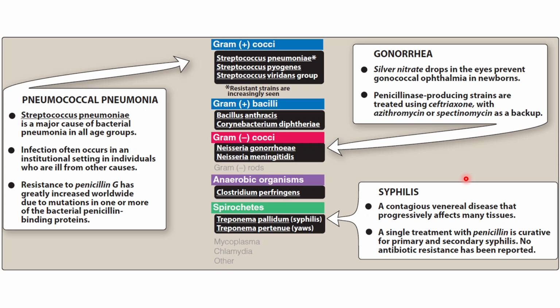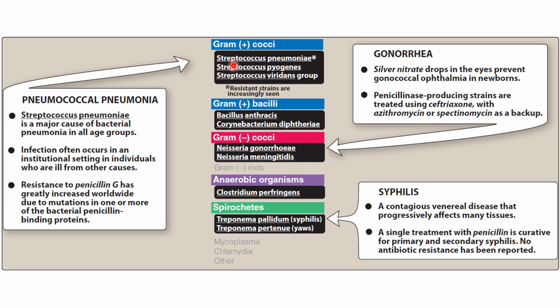Then the antibacterial spectrum of the natural penicillins like penicillin G and penicillin V includes gram-positive Streptococcus pneumoniae.